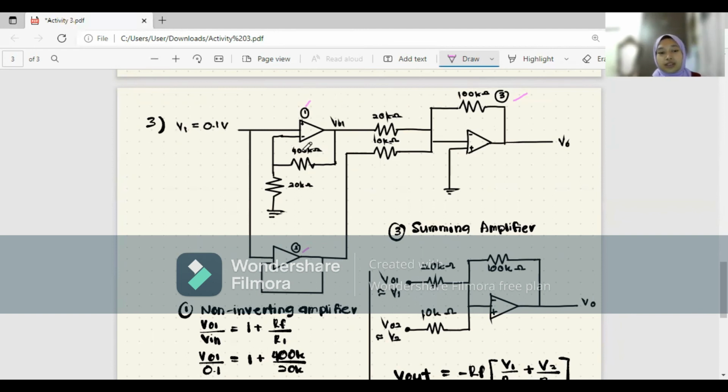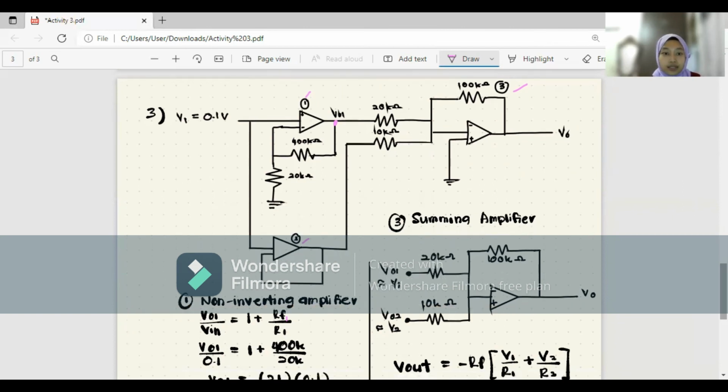The first one here is a non-inverting amplifier. So the formula that we must use, since this is the first amplifier, is V output 1 over V input 1 equals 1 plus RF over R1. We want to find the output for the first amplifier, so we can just substitute.